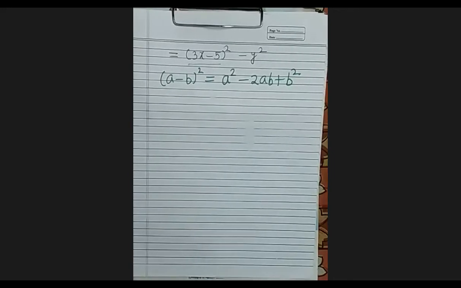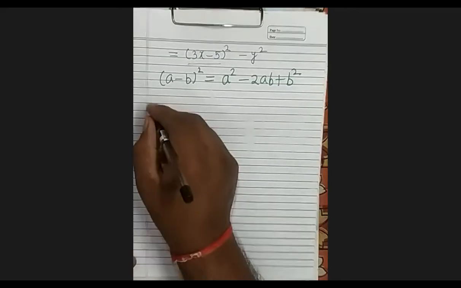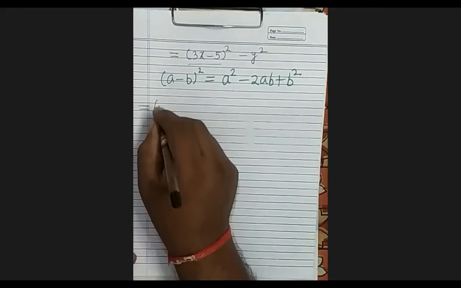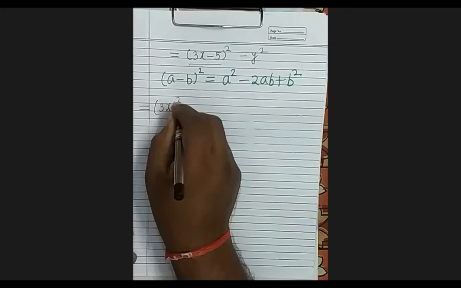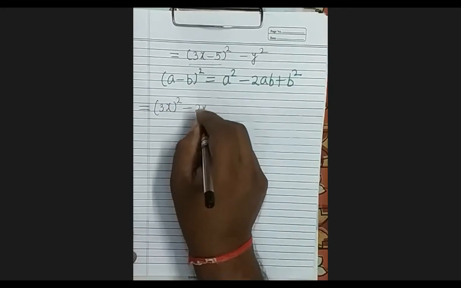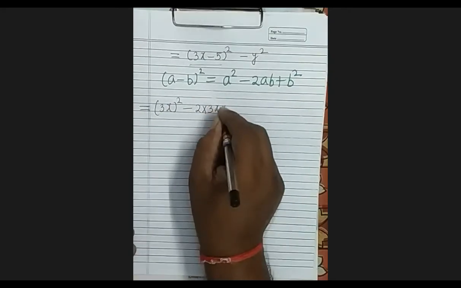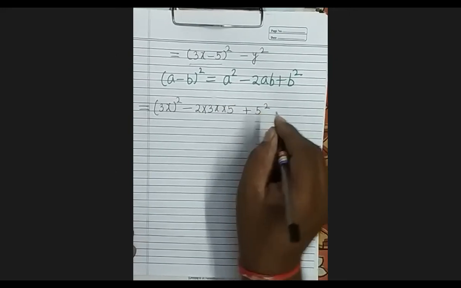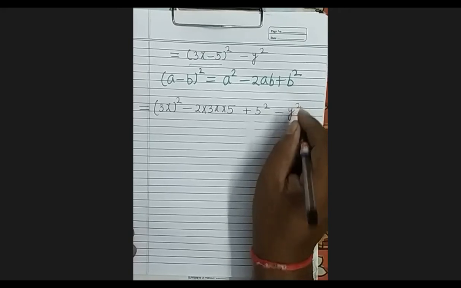What is in place of A? 3x. What is in place of B? In place of B, it is 5. So 3x square minus 2 into 3x into 5 plus 5 square minus y square.